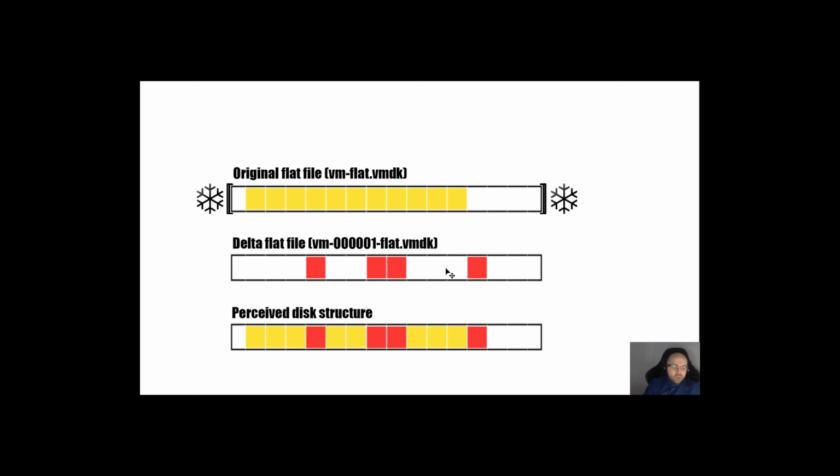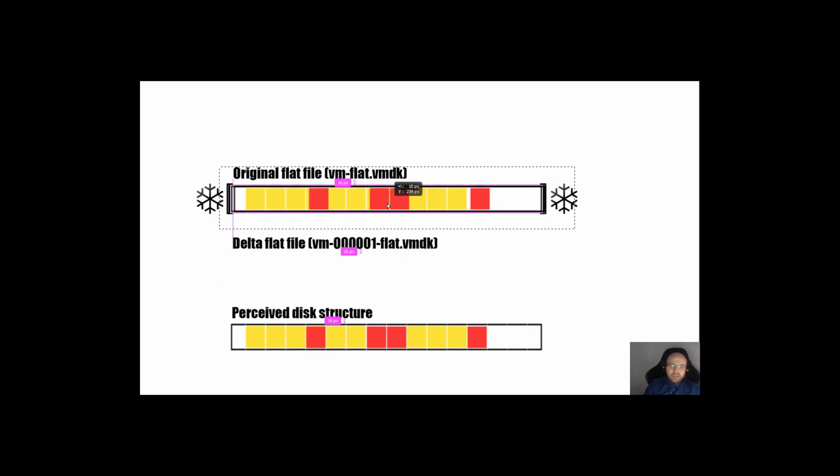So when you would go ahead and delete the snapshot, on the actual data store, the following will happen. The delta file would simply go ahead and combine with the file that you have of your original disk. This is called consolidation. So two files will be consolidated into one, which means new blocks will overwrite old blocks.